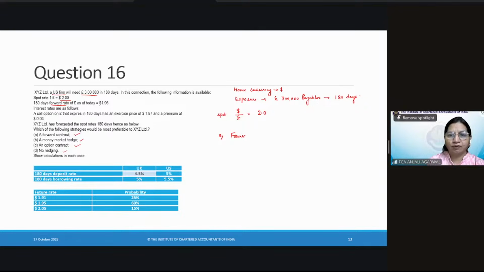If you go for a forward hedge, the forward rate applicable is... so the outflow after 180 days will be 300,000 or 3 lakhs into 1.96.